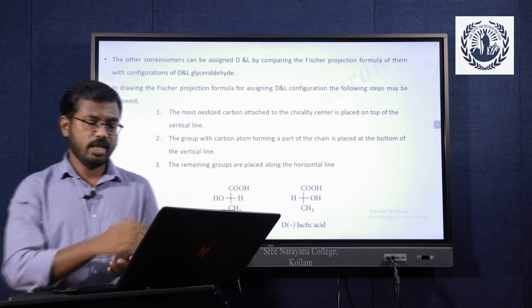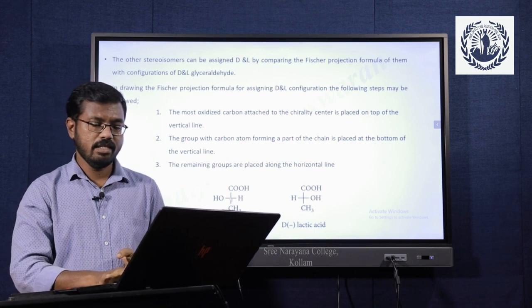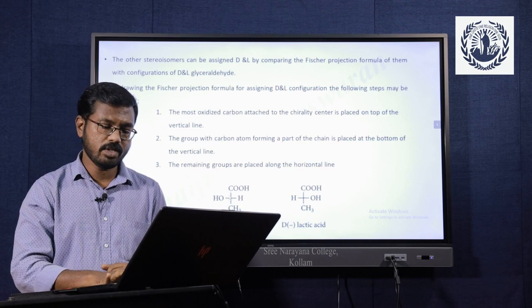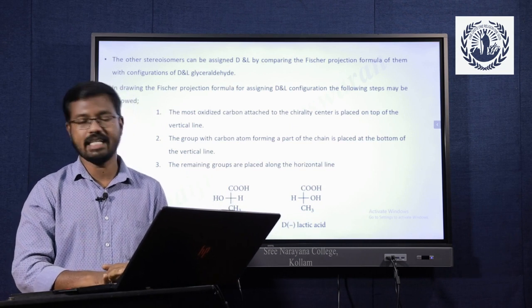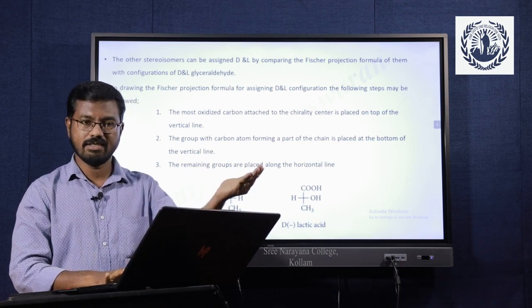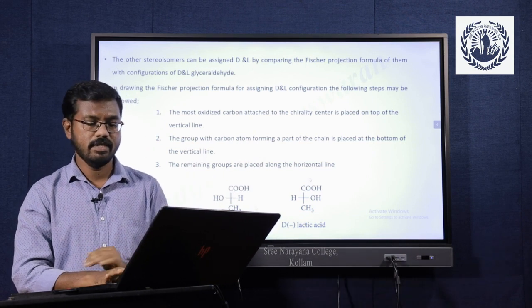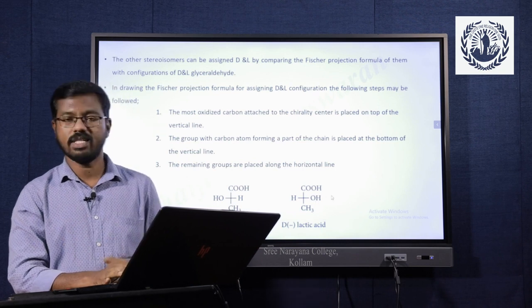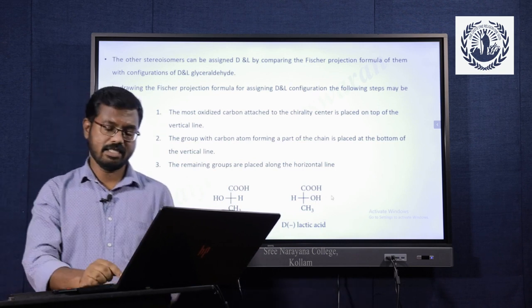Here you can see the Fischer projection formula of lactic acid. Here the OH group is on the left side. So, it is L-lactic acid; the plus sign means it is dextrorotatory, but that is different. Now, here the OH group is on the right side. So, it is D-lactic acid.